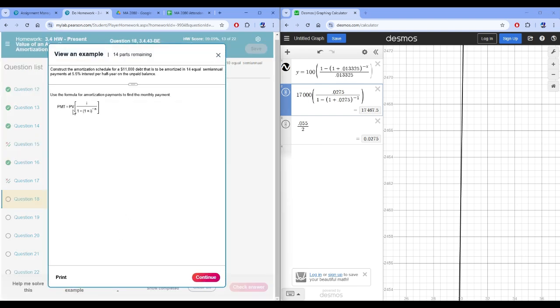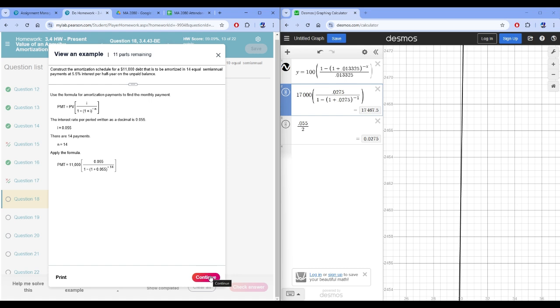Plus i. No, this is not right. Why is i equal to 0.55?